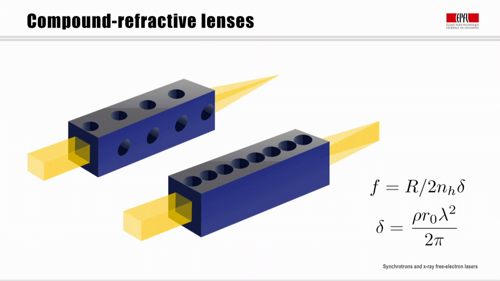A 100-hole CRL made of beryllium with walls of 100 micron thickness separating adjacent holes has a transmission of only 0.5 at 12 kiloelectron volts.